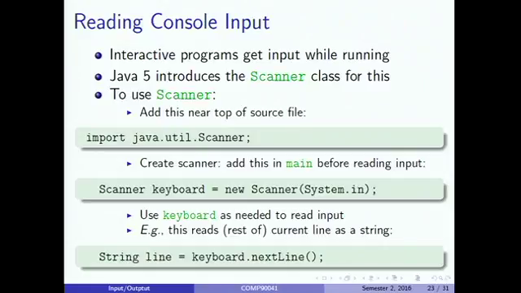So this creates a variable called keyboard that we can use to read from the keyboard. The simplest way to use it is to say keyboard.nextLine(). What that does is whatever is the next whole line from the keyboard is returned, and in this case, it's going to be put into the variable line.